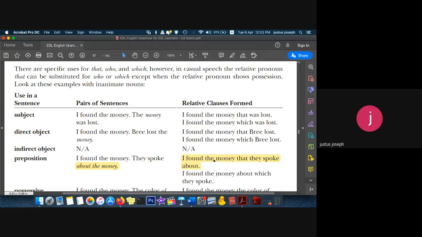this sentence is wrong. In formal English, you will never write this sentence. Does anyone here know why? I have discussed this in class earlier. Anyone knows why?